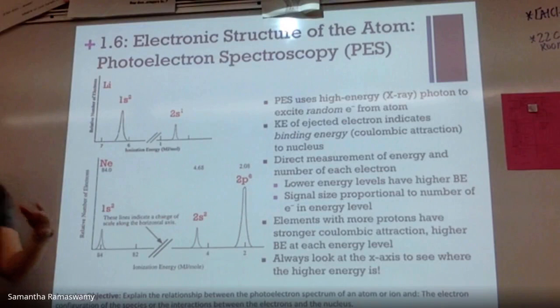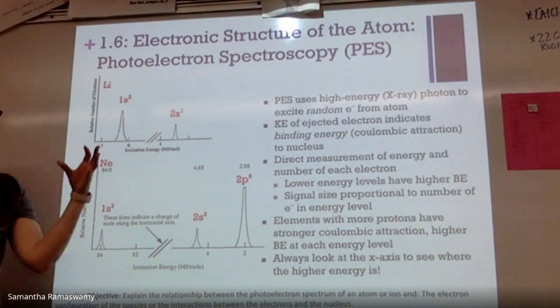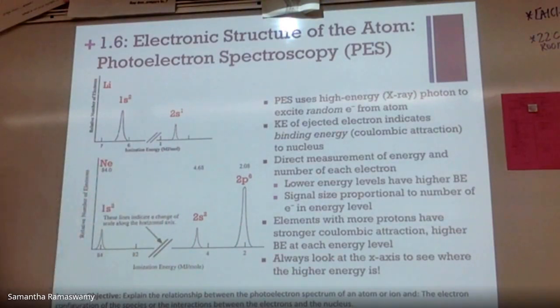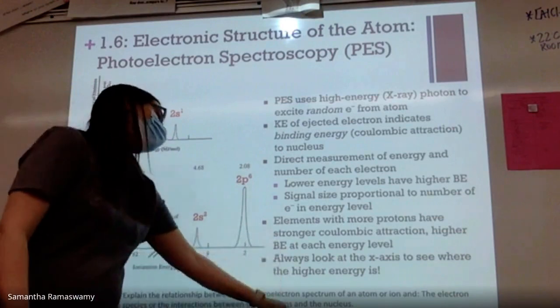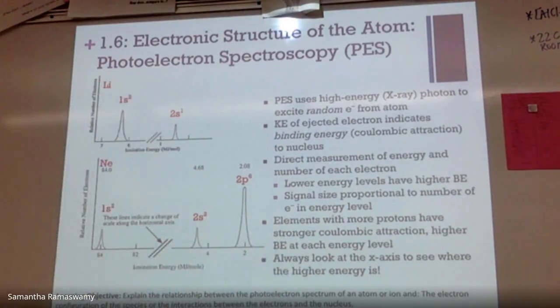In topic 1.5 of the unit guide, it talks about Coulomb's law. We'll talk more about Coulomb's law when we look at periodic trends. But remember, the closer the electrons are to the nucleus, the stronger the attraction, so the harder it is to remove.